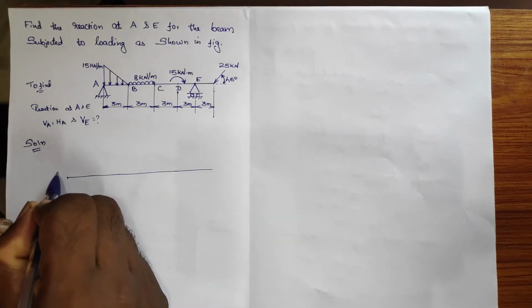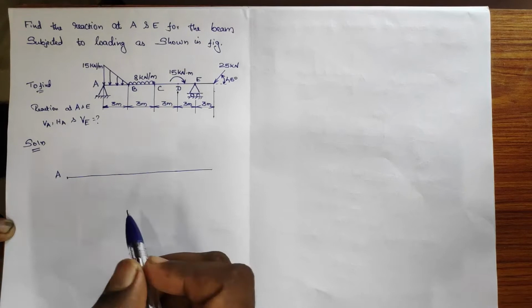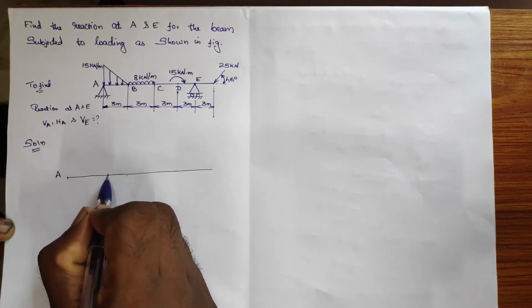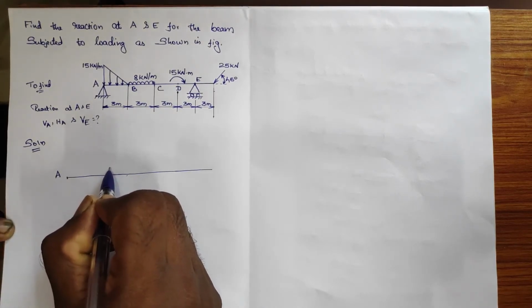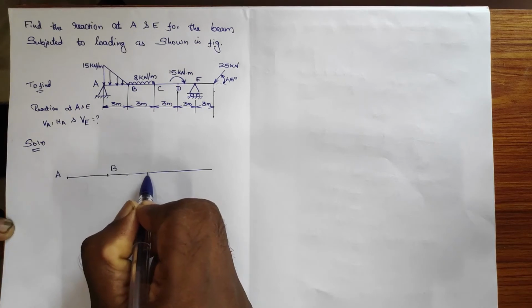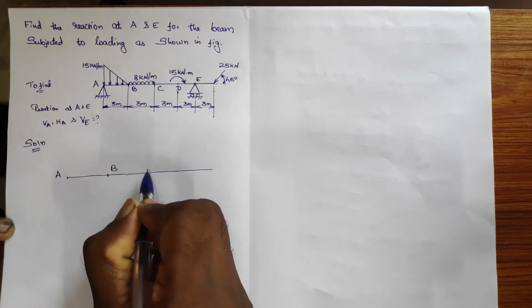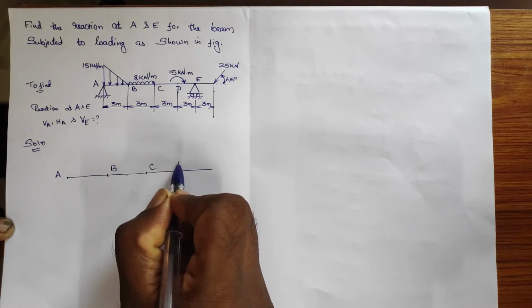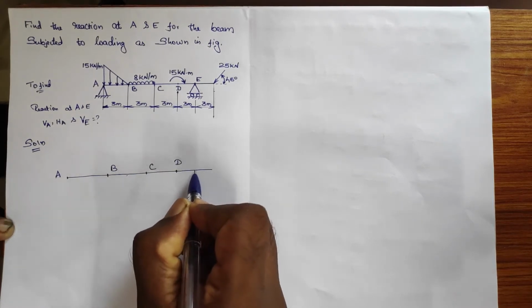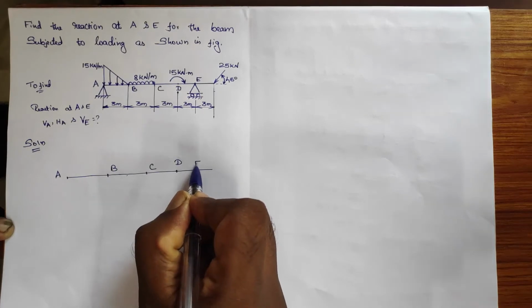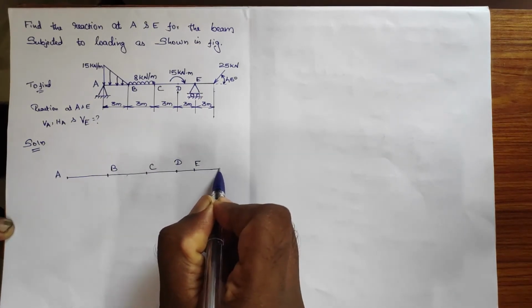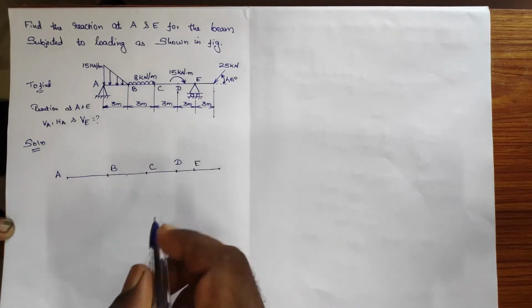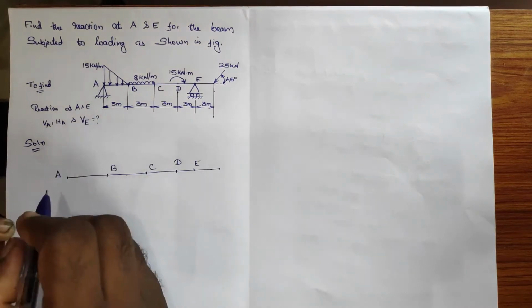It is the end A, and here I am going to keep point B, here point C, and here D, and here E, and this end is a free end. Fine. So here is the hinge support.